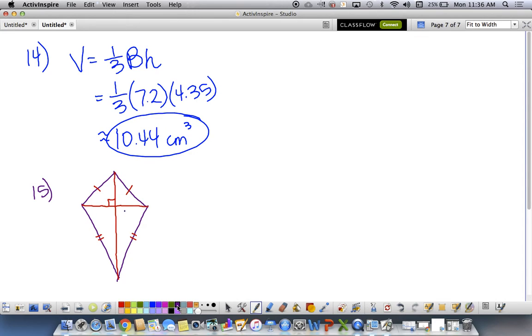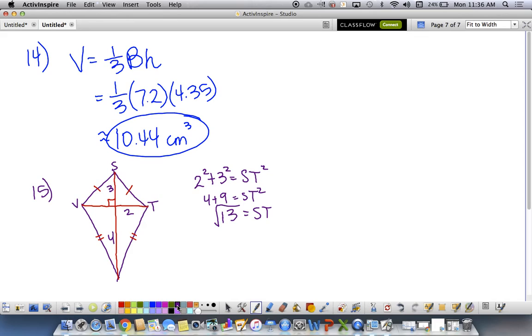So when this is 2, and this is 3, and this is 4, can you find S to T? And if you can find S to T, then you know S to V also. Pythagorean theorem. You've got two sides of a right triangle. So 2 squared plus 3 squared equals ST squared. So 4 plus 9, I'm sure it's 13. So the square root of 13 is S to T.